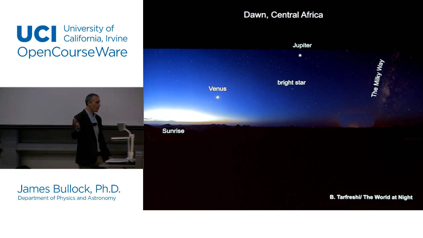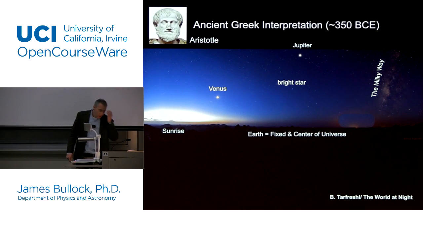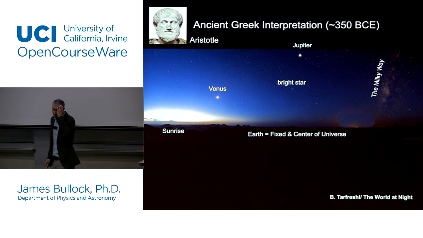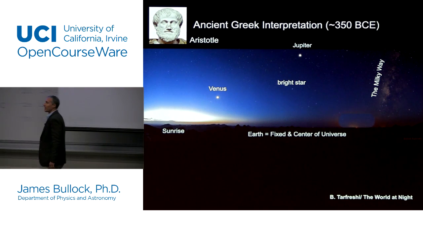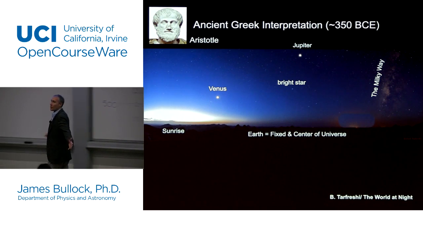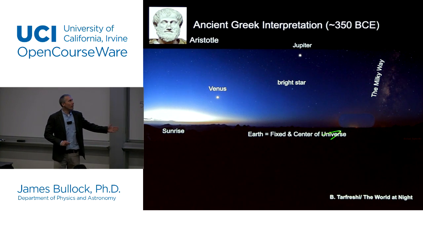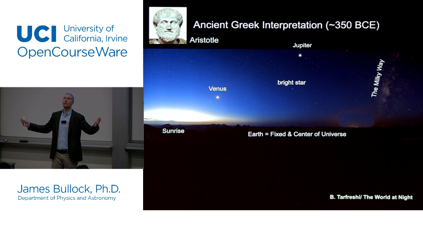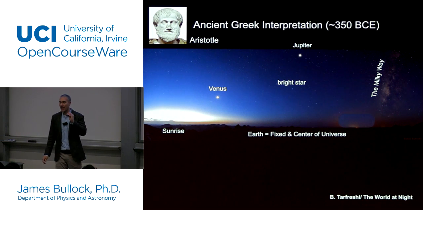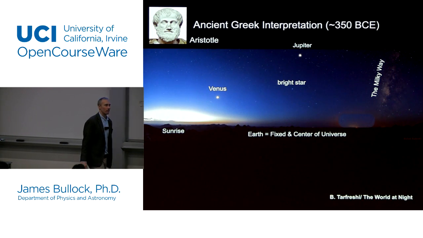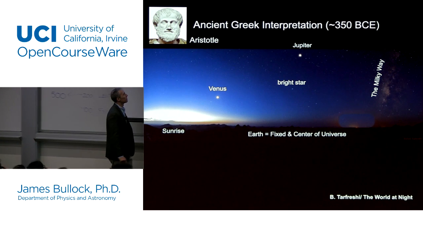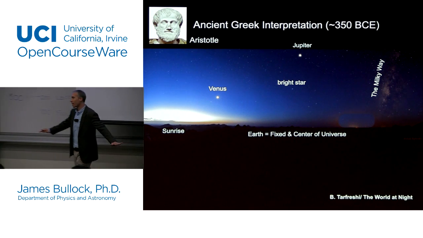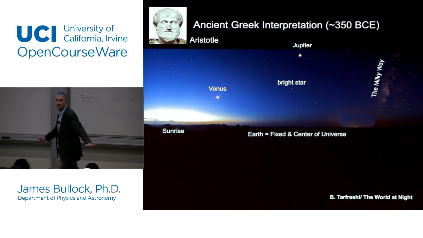Now let's flash forward way in the future to 350 BC. If a Greek philosopher was looking up at this image, looking at the night sky, let's say it was Aristotle, he would look at this and he would say, I got it. I know exactly what's going on. I figured it out. The Earth that we're standing on is, of course, fixed.